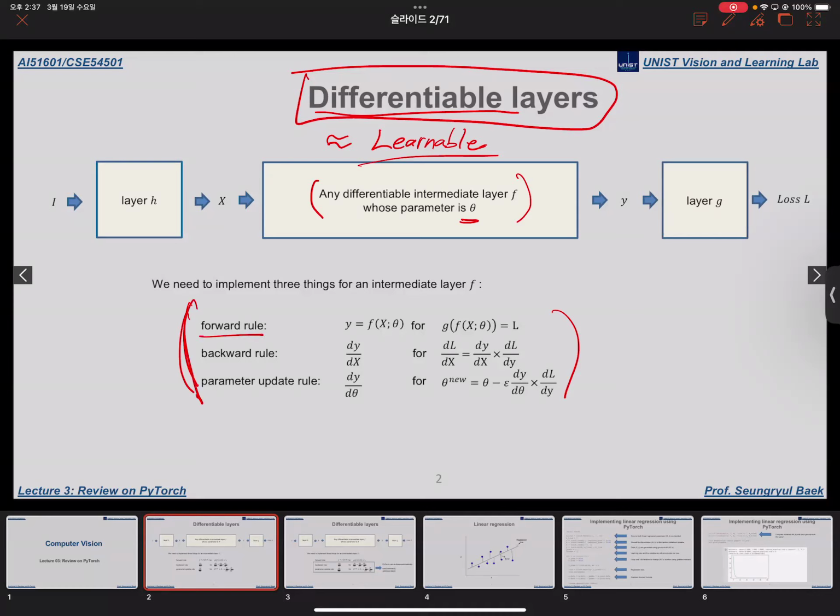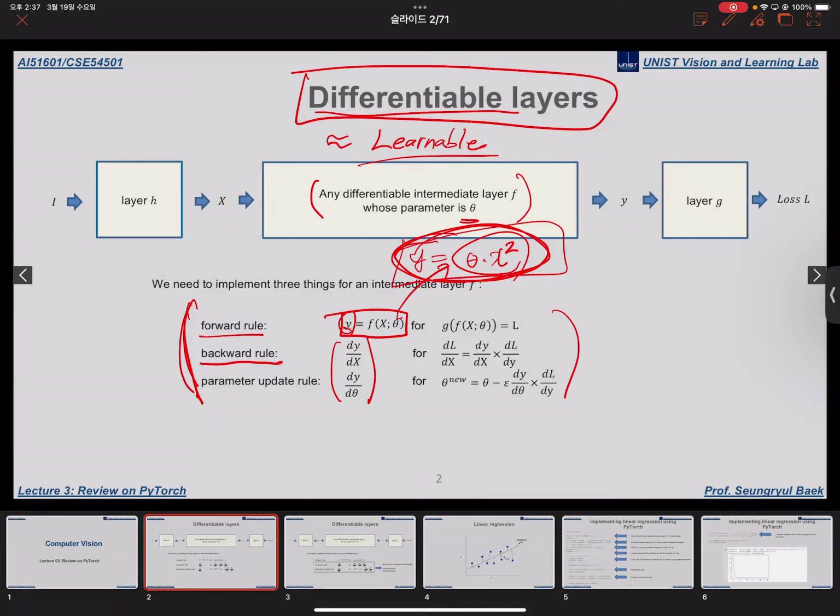The forward rule means how to process the input x to generate the output y. This might be some mathematical formula. Then it should be differentiable, which means we have to calculate these two gradients from this forward rule.